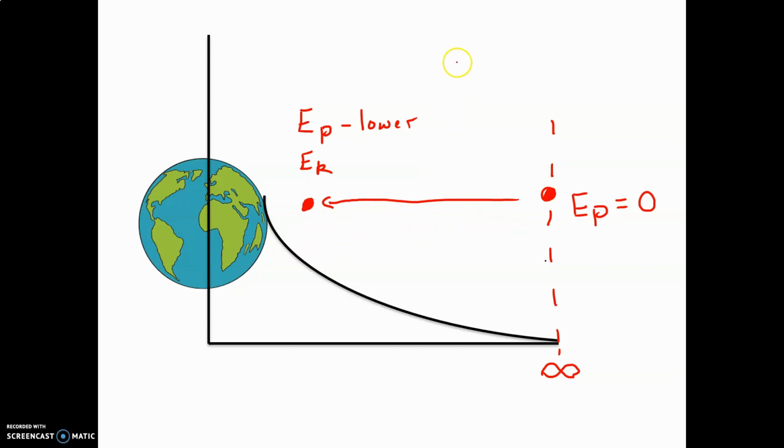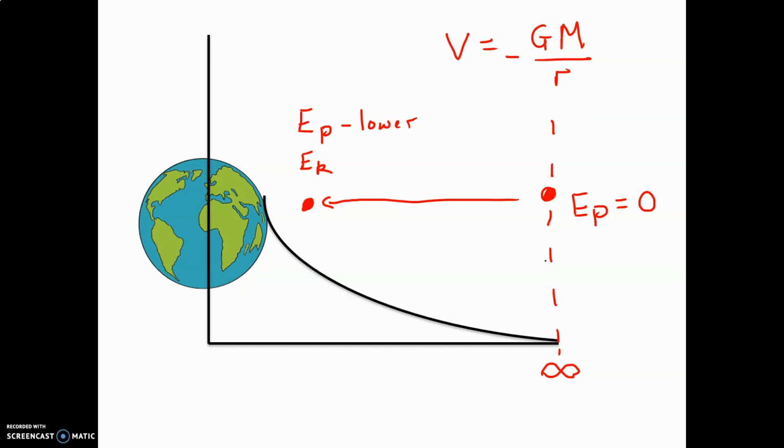And so that's why in our gravitational potential formula, which we derived earlier in the video, we have to give gravitational potential a negative value.